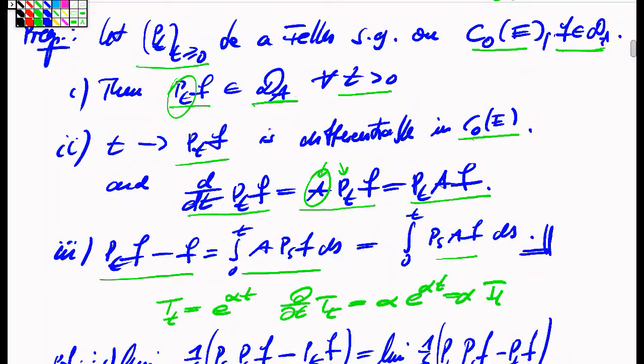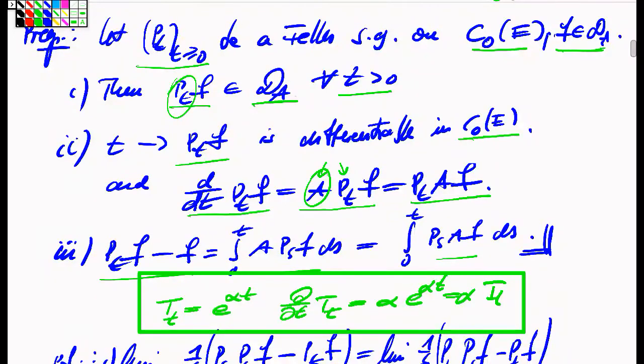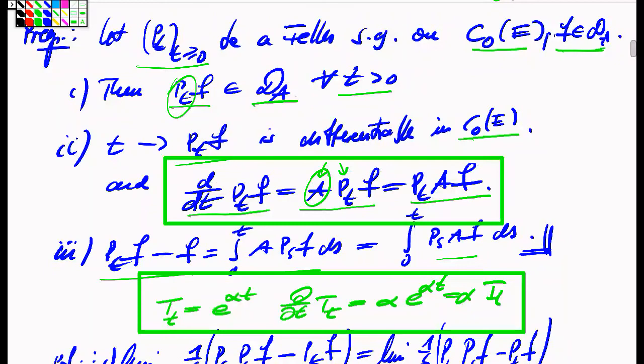So by analogy with this familiar one-dimensional calculus example, the formula that we have here is exactly this repetition of this formula, and it indicates again that the semigroup Pt is nothing but the exponentiation of alpha times t, with the small, if you like, difference that the alpha here again is not a constant but an operator on infinite dimensional function space.